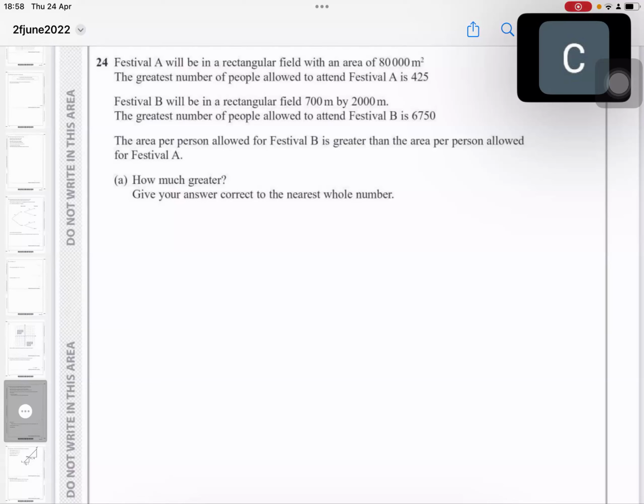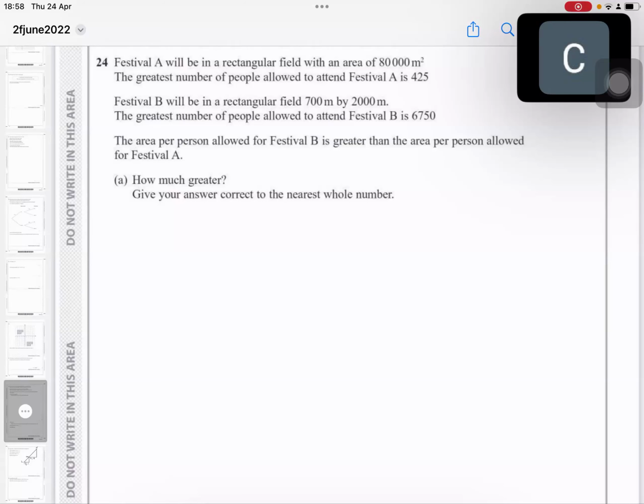If you multiply 700 by 2,000, what would you get? 1,400,000. Good. Okay, now what are you going to do next?